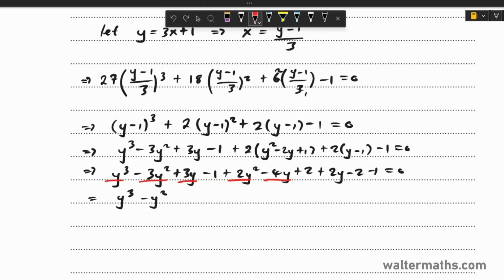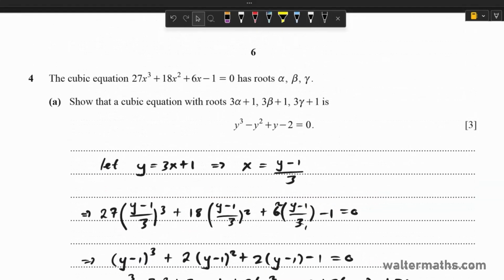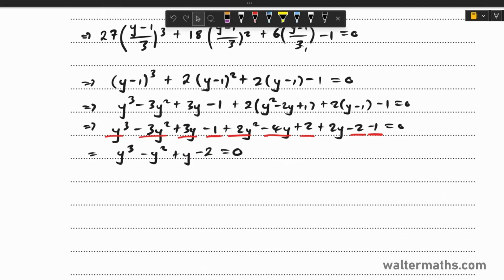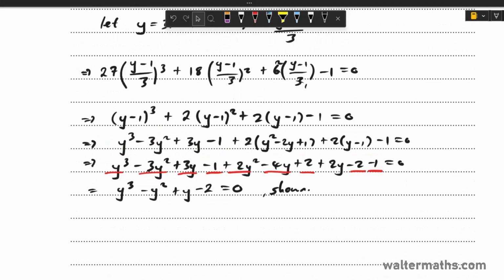So we have plus y here. Then lastly, we have minus 1 plus 2, which is 1, and 1 minus 2 is minus 1, and minus 1 minus 1 is minus 2, and it's equal to 0. So this is what we're getting, and that's actually what they want us to prove right here. So I'll say shown. So we are done with that part A.